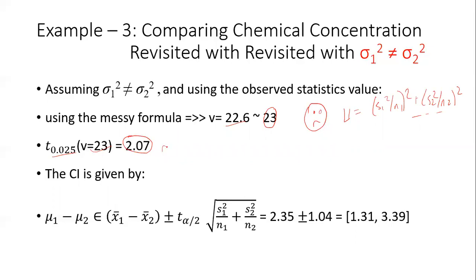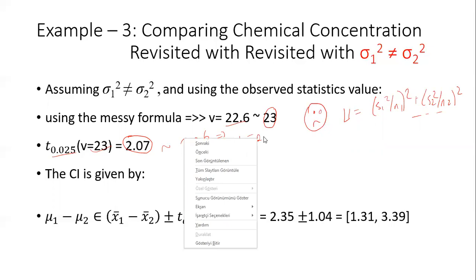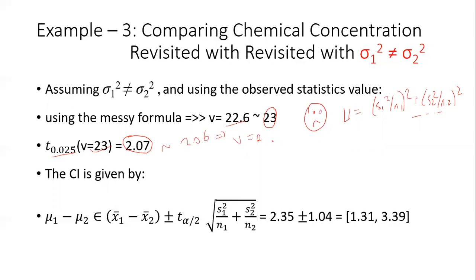It's very similar to 2.06, which was in the previous question with 25 degrees of freedom. The confidence interval is now 1.31 to 2.39.